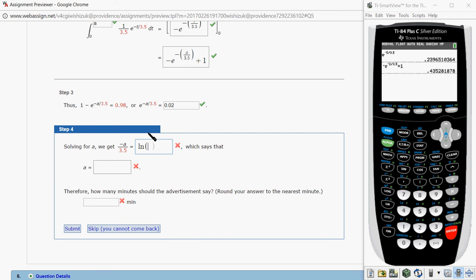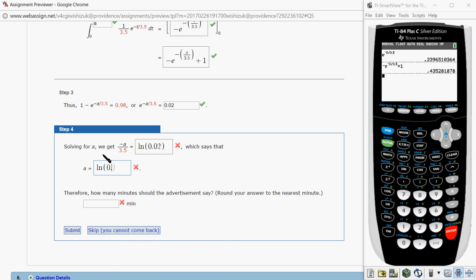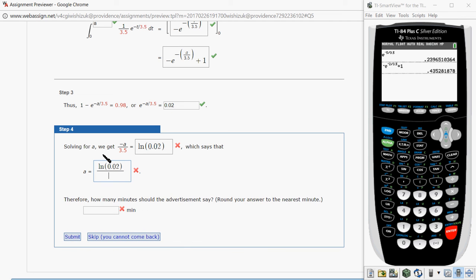Taking the natural log of both sides, we get the natural log of 0.02 divided by 3.5, with the negative sign.